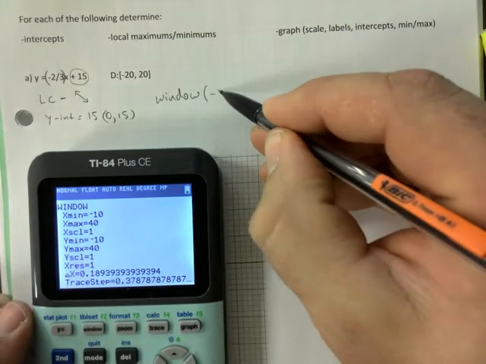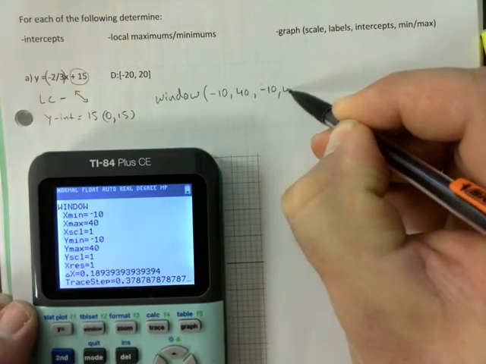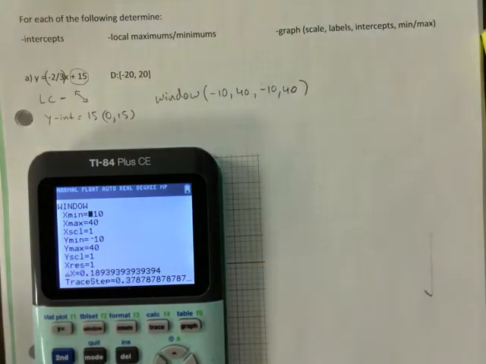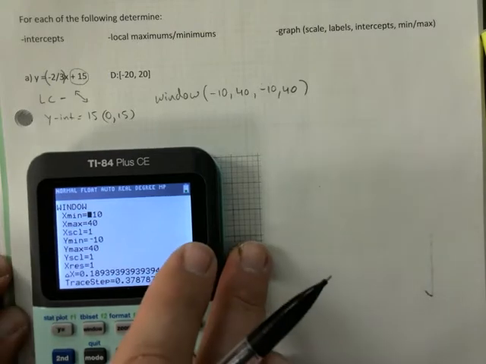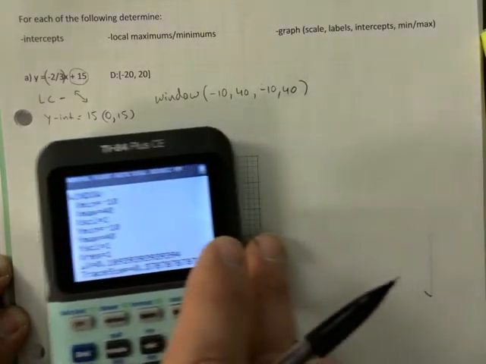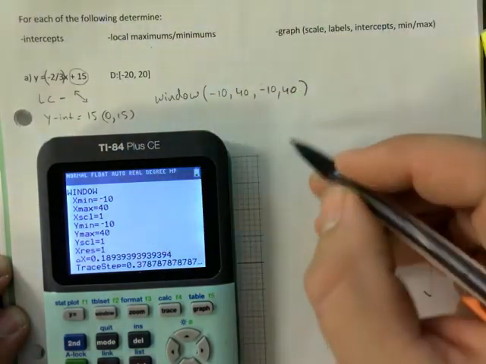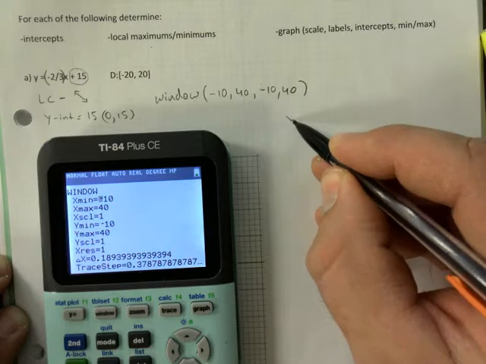I'm going to tell you what I've used to see this. Okay. That is what I've done here. So in this case, we have no maximums or minimums, but we do have intercepts. So this is what I'm going to do on the side here.